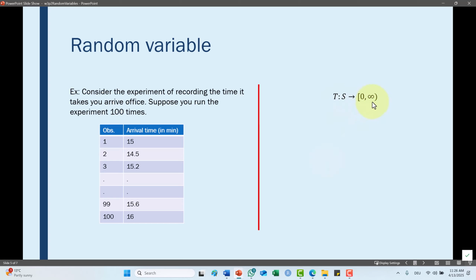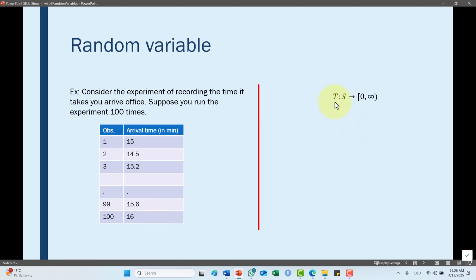And if you look at this example, and if we define the random variable t from s to 0 infinity, then this range starts from 0 and runs up to plus infinity, of course not including plus infinity. Theoretically, your office arrival time wouldn't go to infinity. In order for us to include all possible values, we just consider a very general form from 0 to plus infinity. Otherwise, your arrival time in minutes to the office would be bounded by some number of minutes.